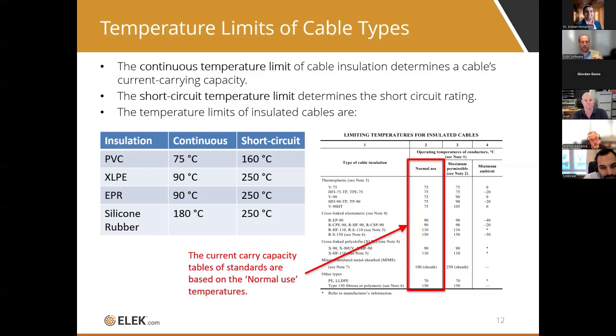But the current capacity in this standard has been calculated based on 75 degrees, not 90. Now, the higher the operating temperature, the higher the current it can carry. Okay, so it's important to note that some of these cables are not calculated to be operating at their maximum temperature.